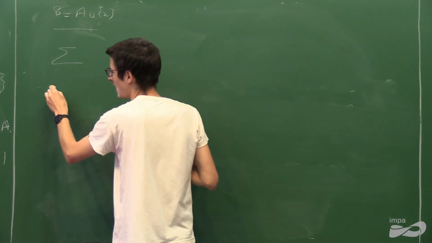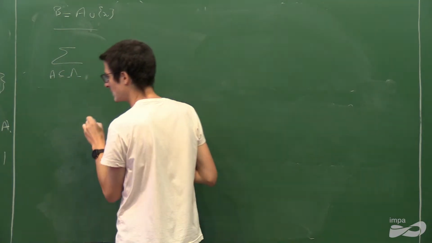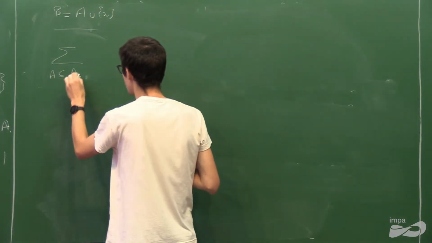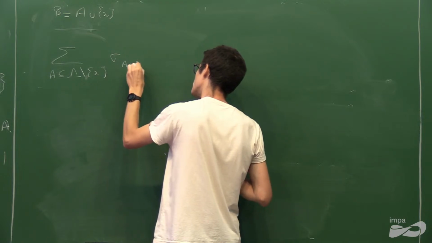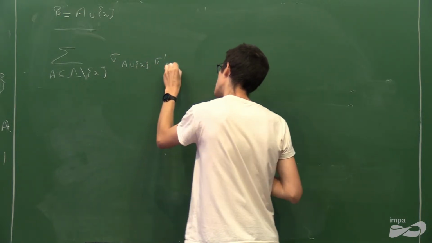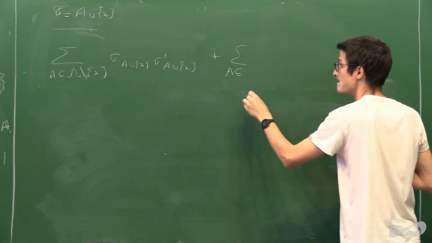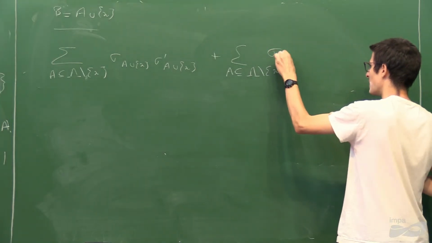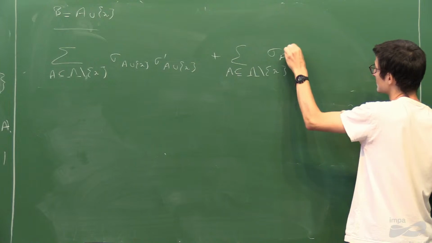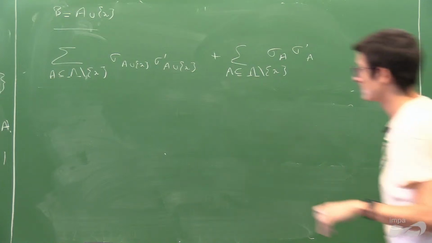So what I do is that I have the sum over A in lambda minus x of sigma A union x, sigma prime A union x, plus the sum, because it's the second term, of sigma A, sigma prime A.